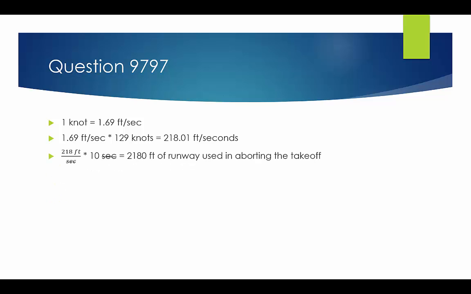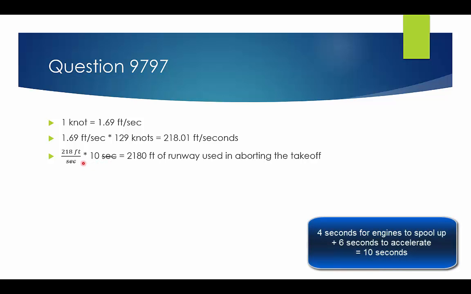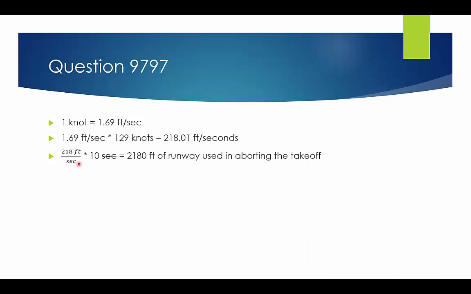If we have 218 feet per second and we have 10 seconds, because it said 6 seconds and 4 seconds added together, that would make 10. The seconds cancel out, and we get 218 feet per second multiplied by 10 seconds. We get 2,180 feet of runway that's actually used in aborting this takeoff.